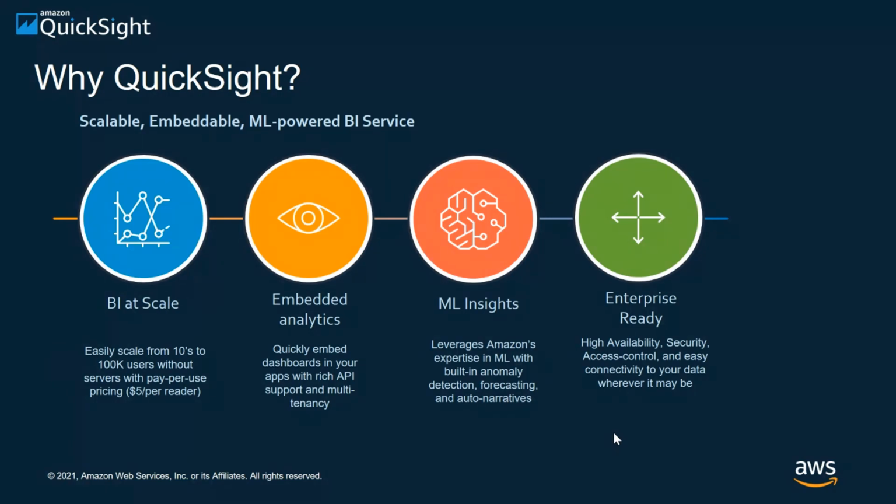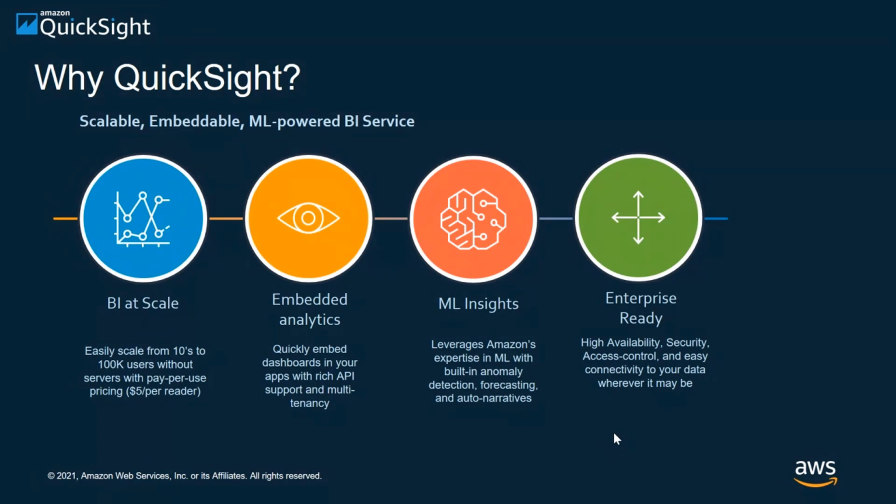And with embedded analytics, we have a bunch of APIs which you can use to quickly embed dashboards into your applications and also customize the look and feel to make sure that this flows very well with your applications for your users.